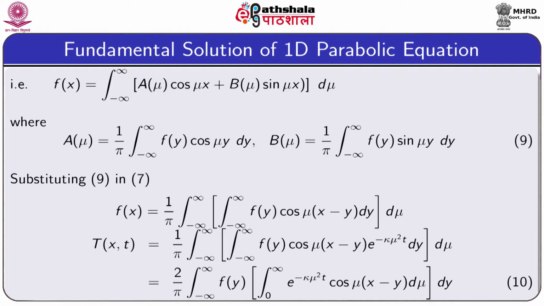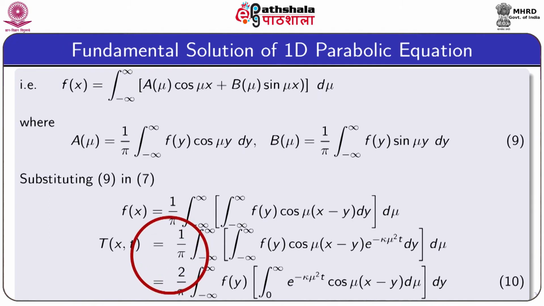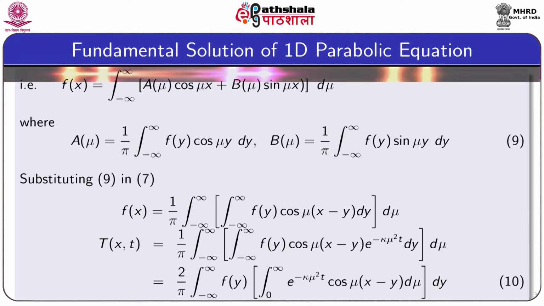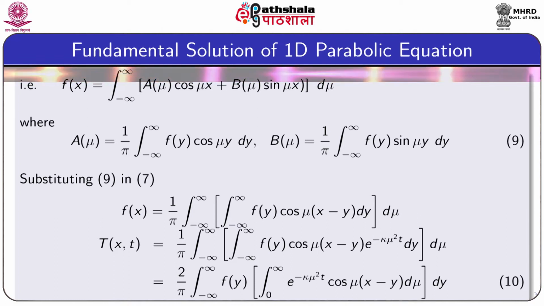Now, this equals 1 by pi integration 0 to infinity f(y) integration minus infinity to plus infinity e to the power minus kappa mu square t cos mu (x minus y) d mu dy. Now, capital T is equal to 1 by pi integration 0 to infinity, integration minus infinity to plus infinity, f(y) cos mu (x minus y) e to the power minus kappa mu square t dy d mu.